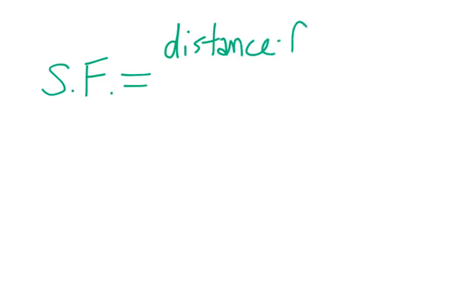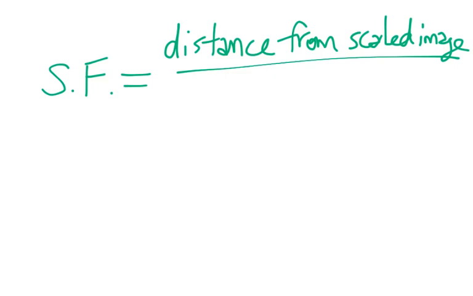To find the scale factor, what you're going to do is take a distance from the scaled image, and we're going to divide it by the distance of the original.